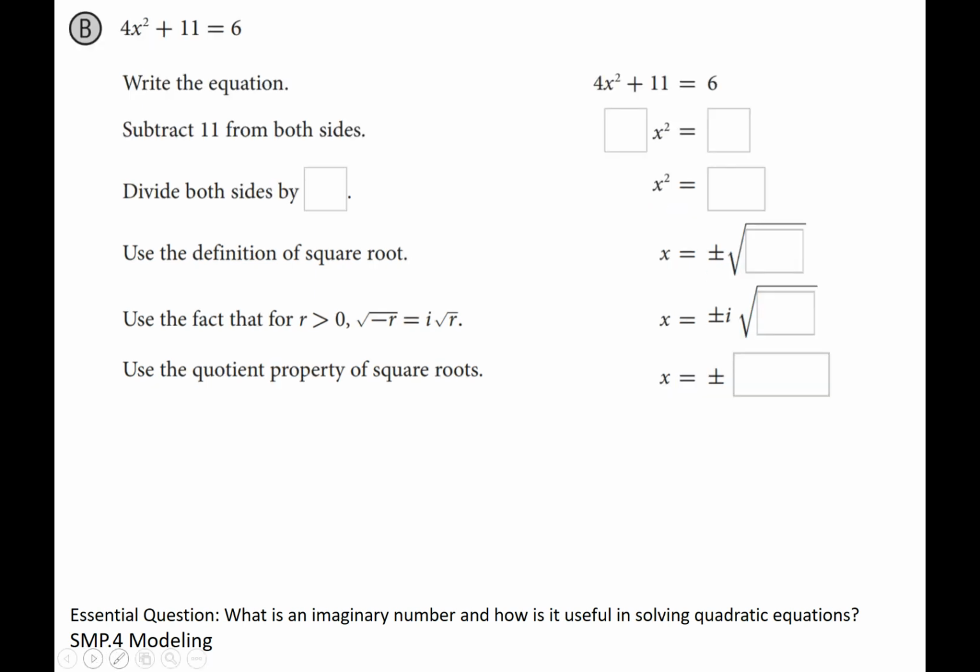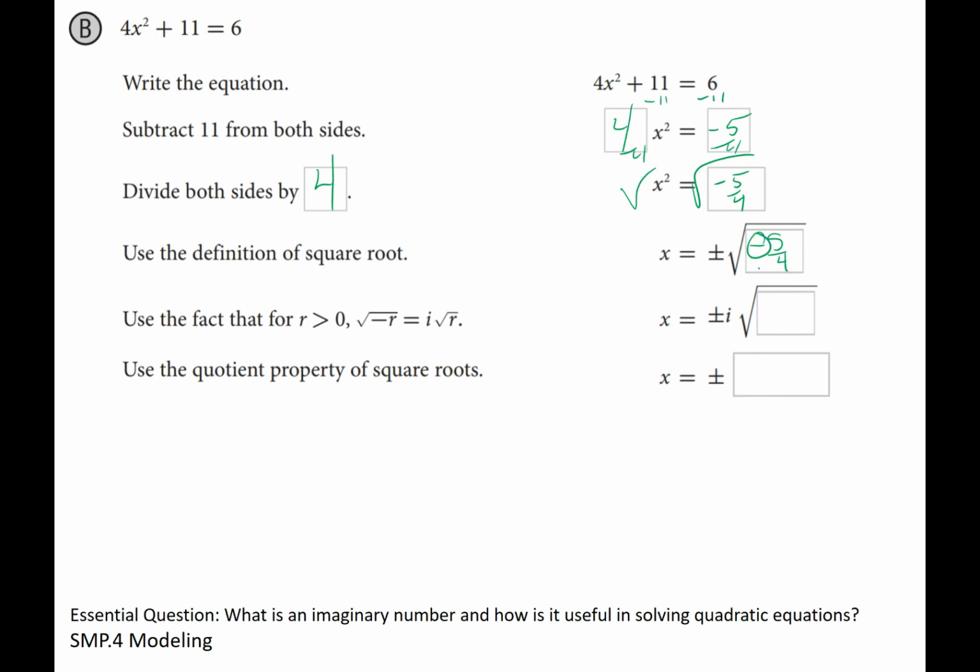All right, let's try it again. We write the equation, and I start by subtracting 11 from both sides. That gives me negative 5 equals 4x squared. We divide both sides by 4, so I get negative 5/4. Then I undo the square by taking the square root of both sides, so I've got negative 5/4 in there still.